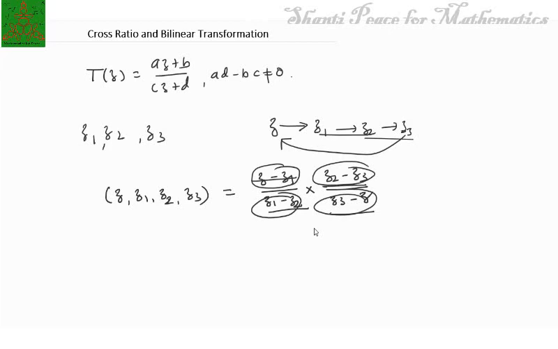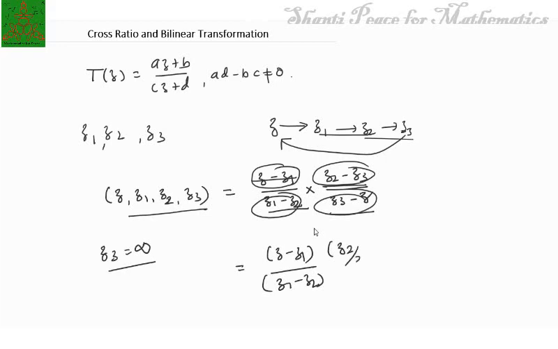If any of the numbers z1, z2, z3 or z is infinite, say z3 is infinite, then this expression can be written in this manner: (z minus z1) upon (z1 minus z2) into z2 upon z3. What I am doing is commoning out z3 from the numerator bracket, and the denominator is also commoning out z3.